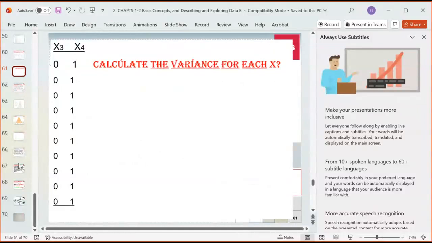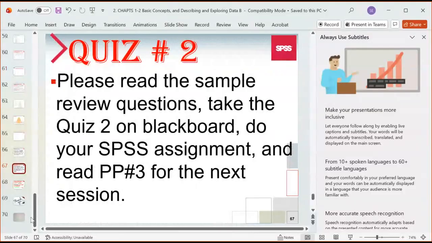You can read these. You have access to this PowerPoint, so read them. And let me know if you have any question, any concern. And also don't forget to stay on top of the SPSS, because that's mandatory. In the real world, for your doctoral dissertation, you've got to know how to use SPSS.